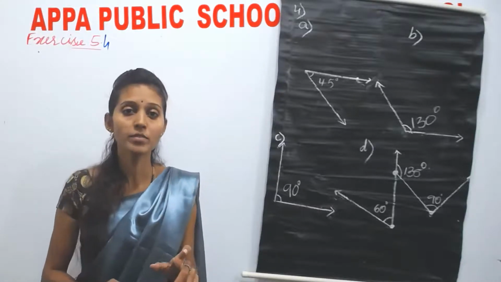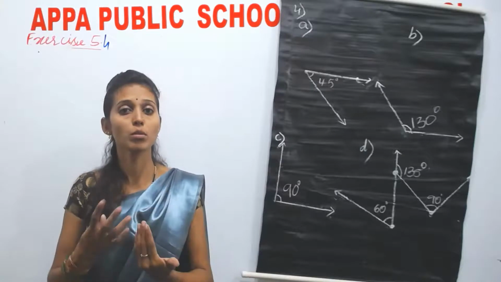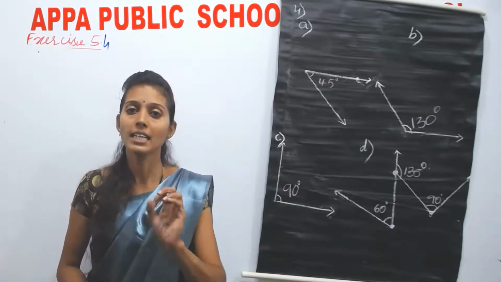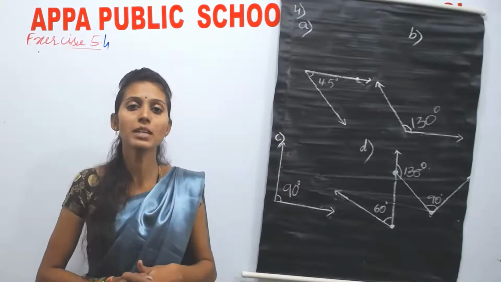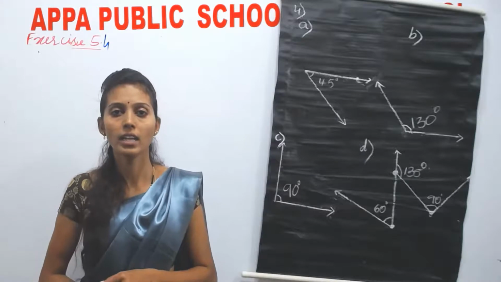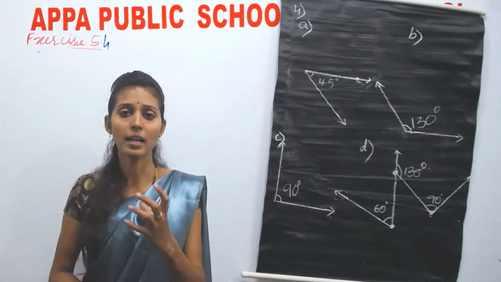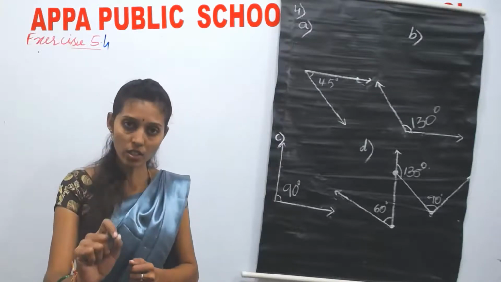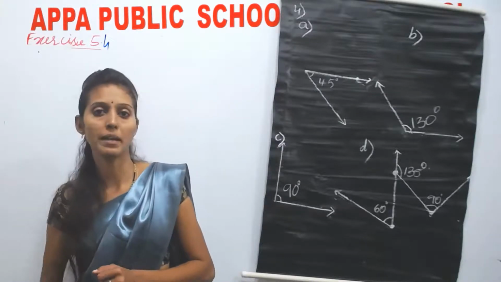You do that comparison once by estimation, and once using exact measurement. By estimation means generally just seeing which one is larger. Later measure it, write the measures and then compare them.